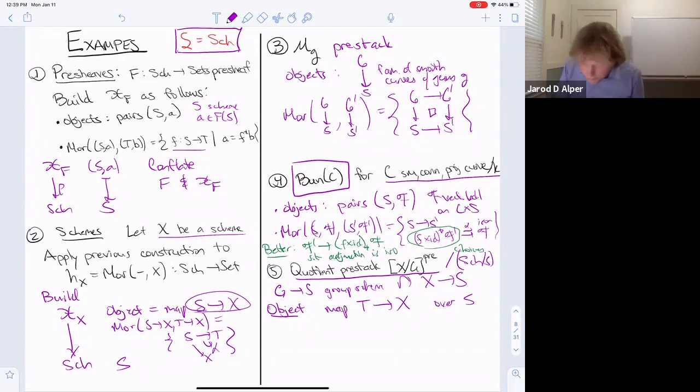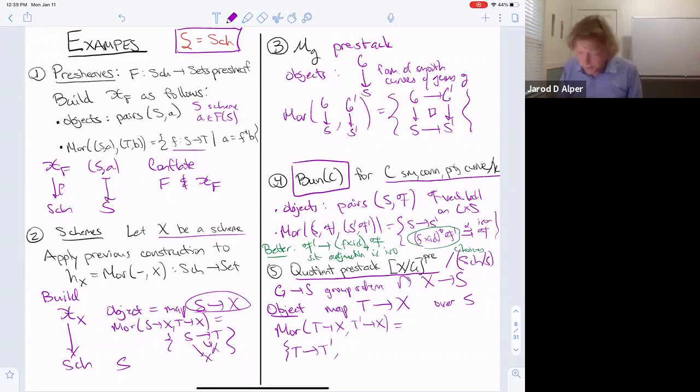And then a morphism from T to X to, say, T prime to X. Well, what should this be? The first thing I should have is a morphism T to T prime. But then I can compare these two compositions.